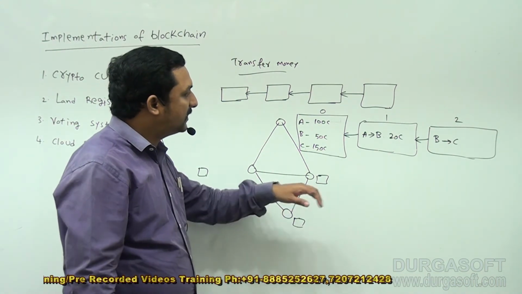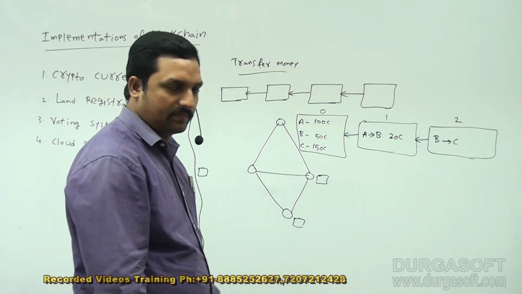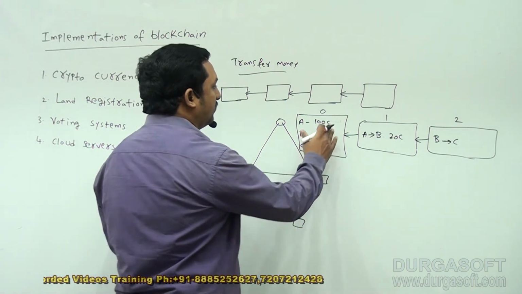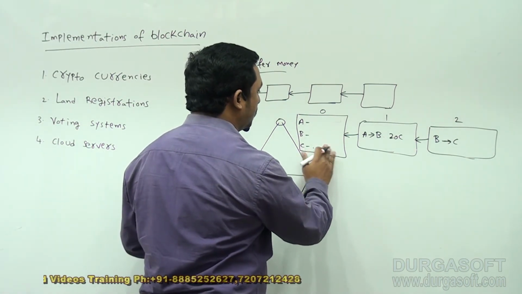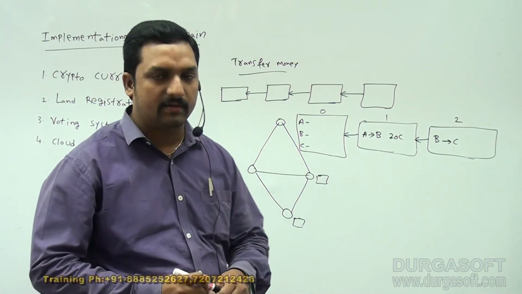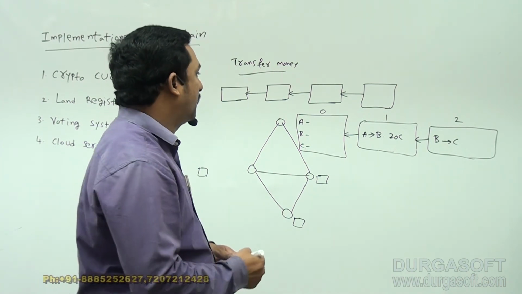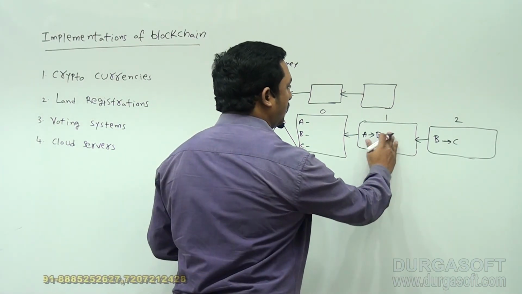Like this, we can also implement voting systems. For example, A, B, C, 3 contestants are there. Any kind of voting you can imagine.